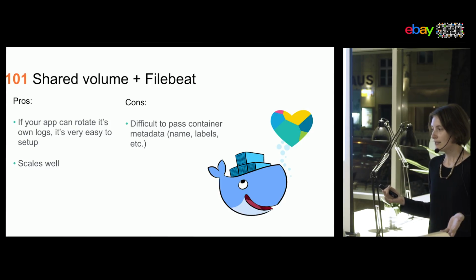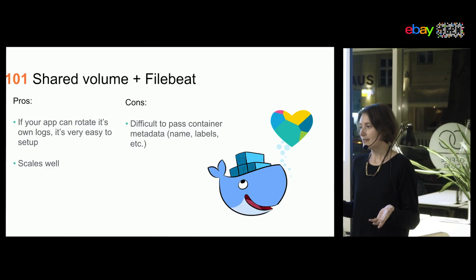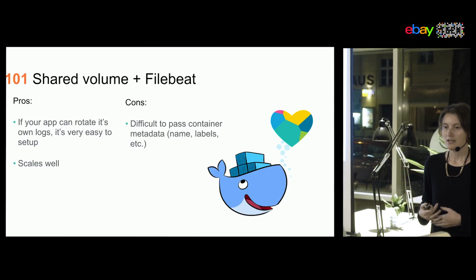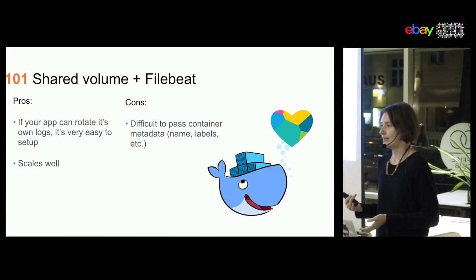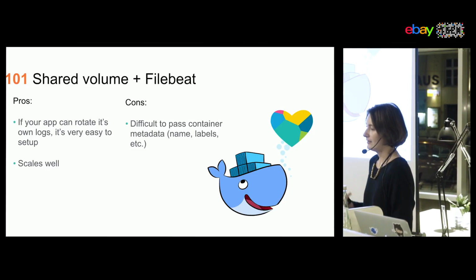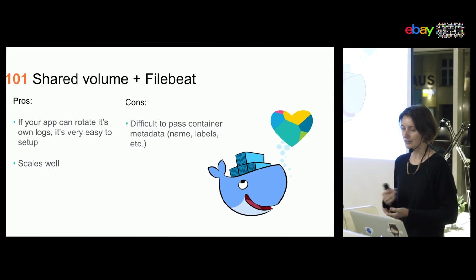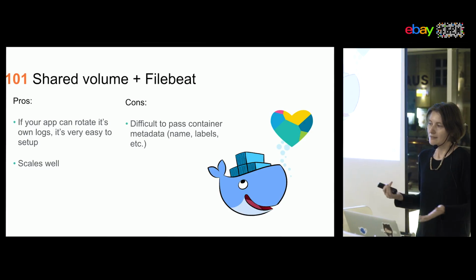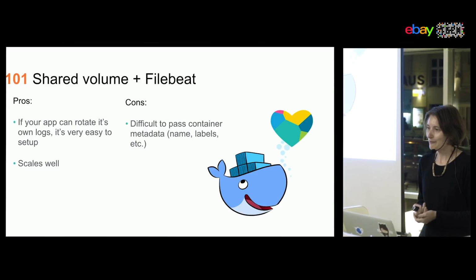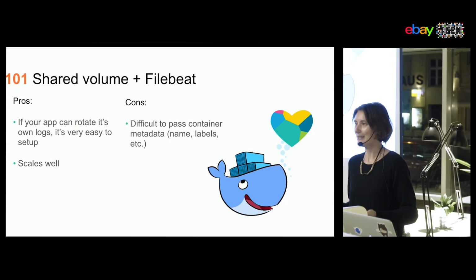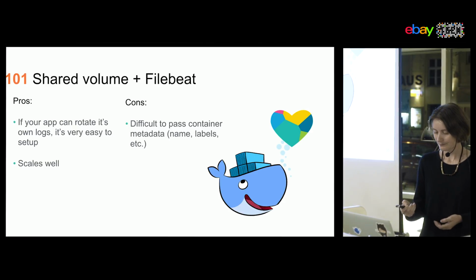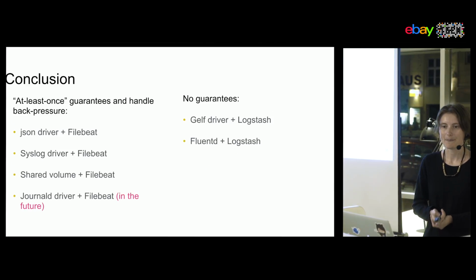This is easy to set up in case your application is able to rotate your log files, but it's difficult in this case to get the container metadata, like the name of the container and labels of the container. And this, if you have many containers, might not be such a big issue.